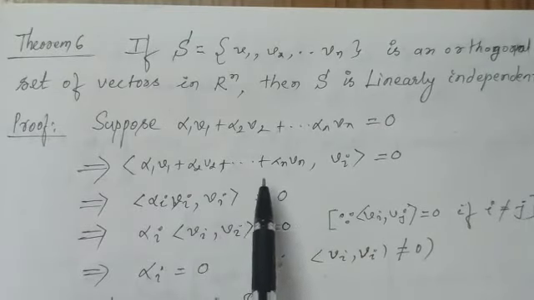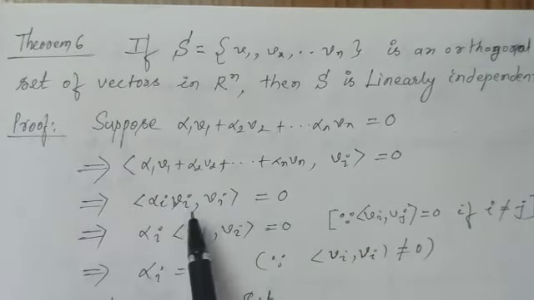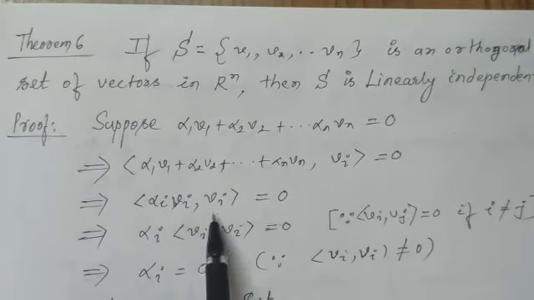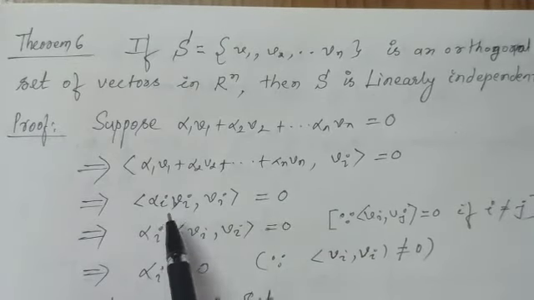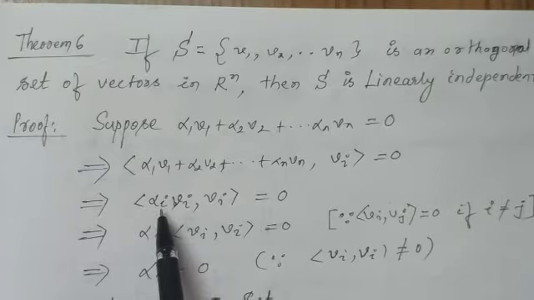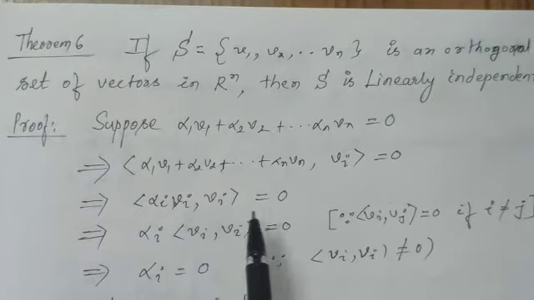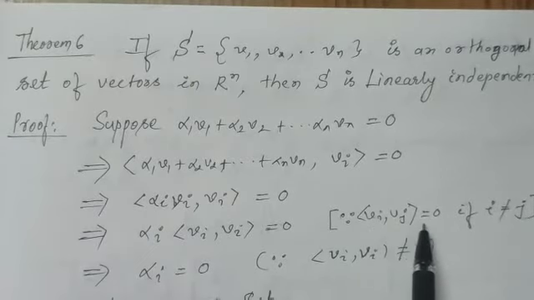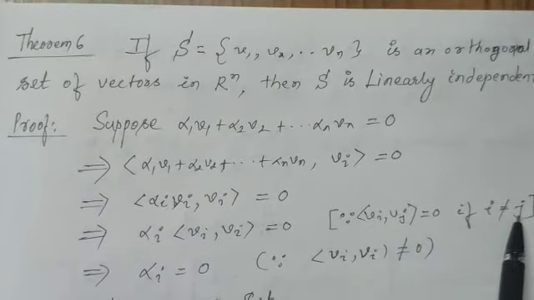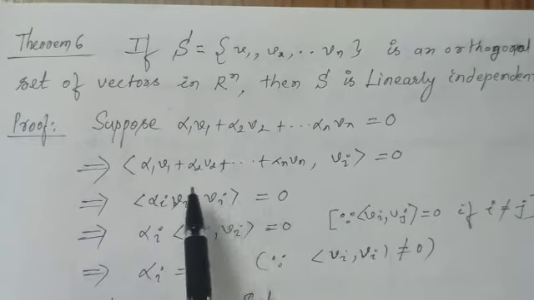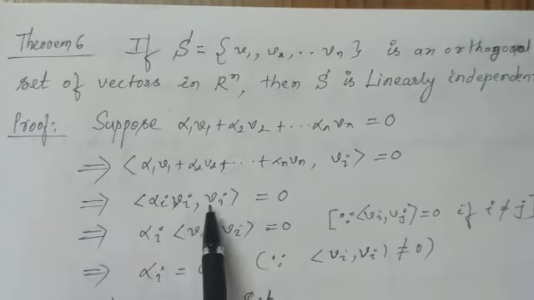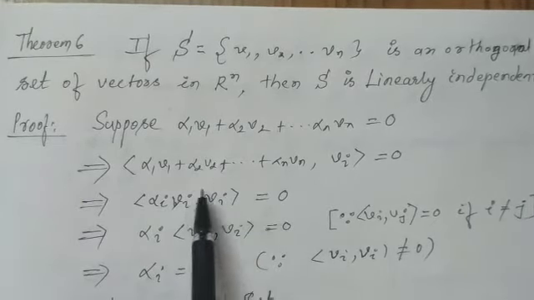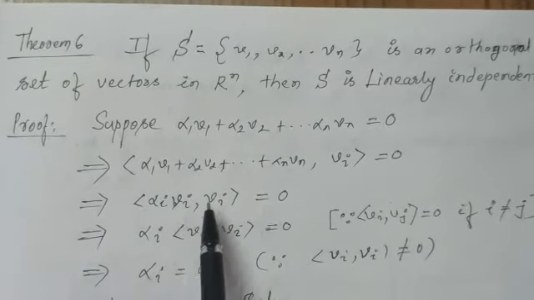Among those terms, only one term on the left hand side is not 0. The remaining terms like alpha j vj comma vi are equal to 0, because the inner product of vi comma vj is 0 if i is not equal to j. That means all the other terms except this term are 0 on the left hand side. So we are remaining with only this term.